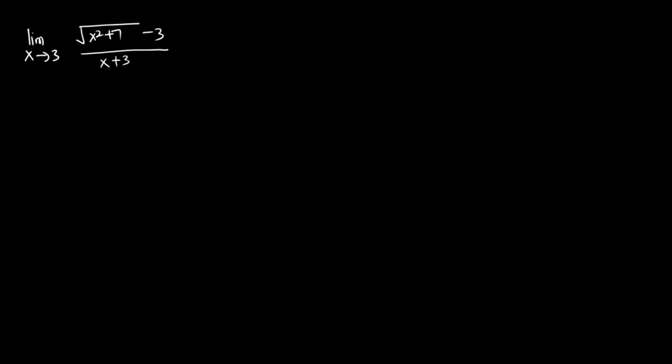The first thing we will do is try the direct substitution method and see if it will work out. So I'm going to have the square root of 3 squared plus 7, minus 3, divided by 3 plus 3. Okay, so this is what you have now. Let's simplify it.